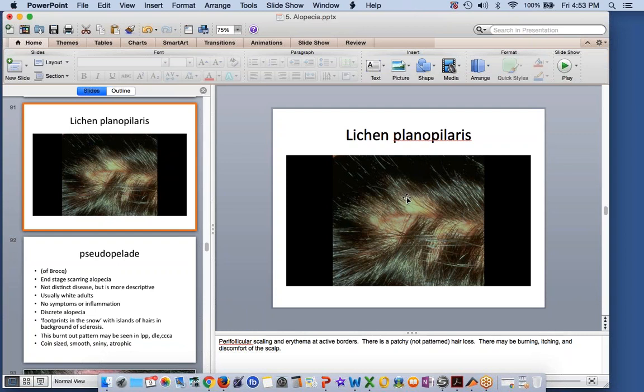Some people describe it as snow feet in the snow, like when you wear snowshoes, and to me, it looks like rabbit ears. But you know what? These descriptions are useless. I think that once you've made the diagnosis with a punch biopsy, you just need to treat it.